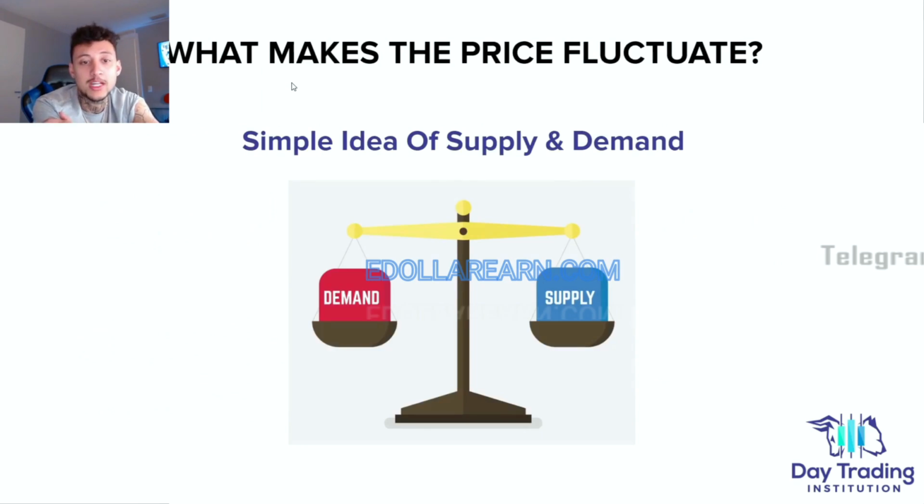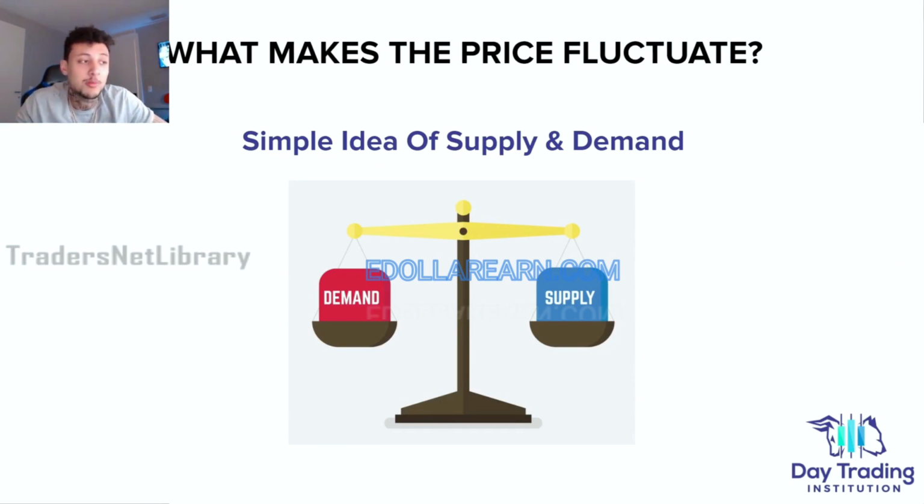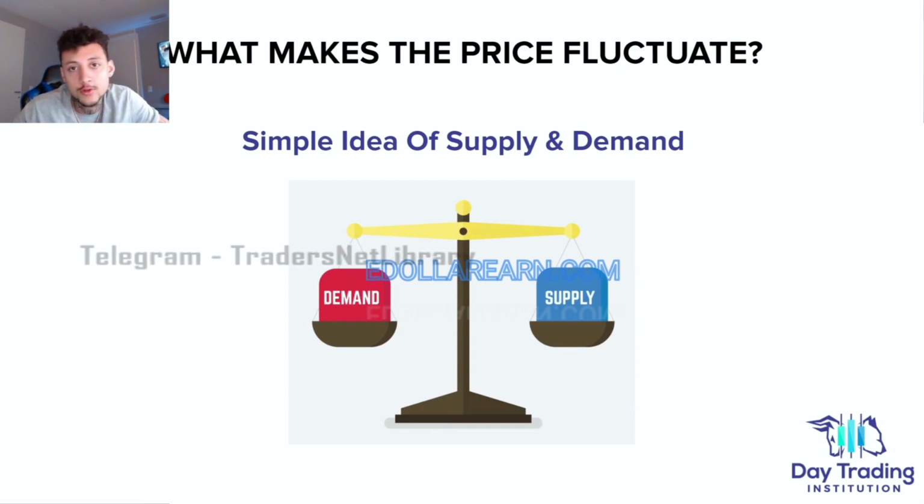So what actually makes price fluctuate? The only reason price moves is simply supply and demand. It's as simple as, let's say there was a total of 100 new pairs of Jordans for sale, and each pair was selling at $100.